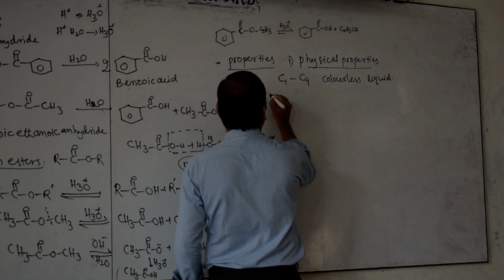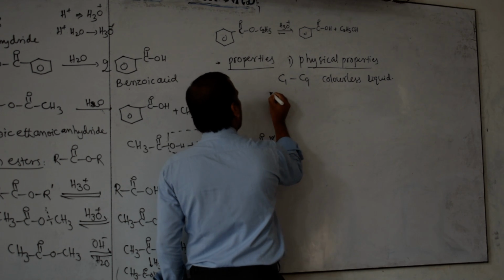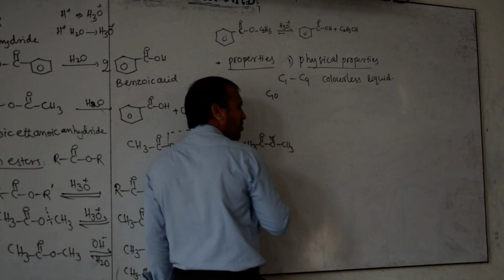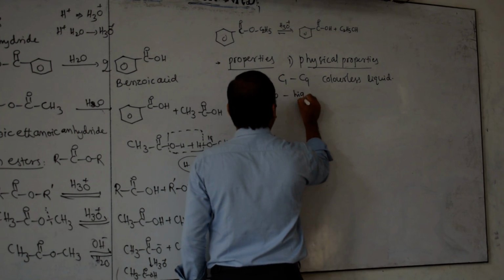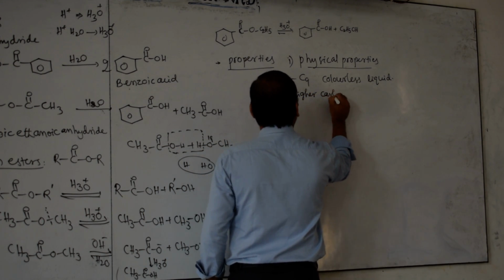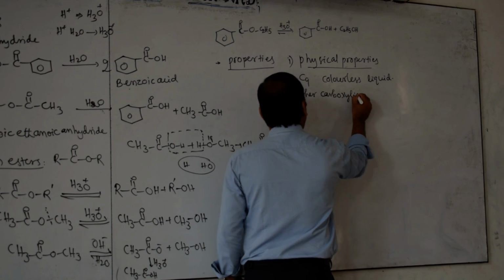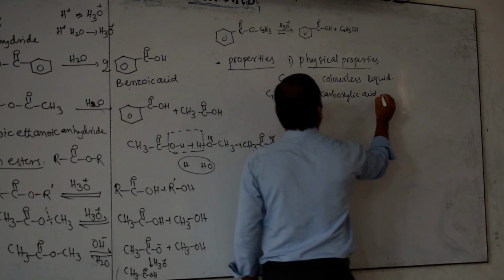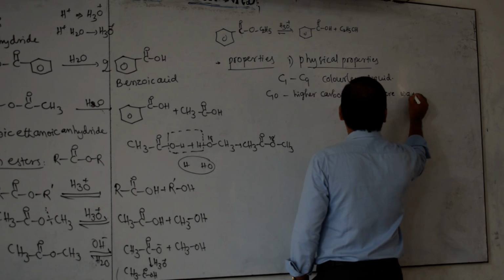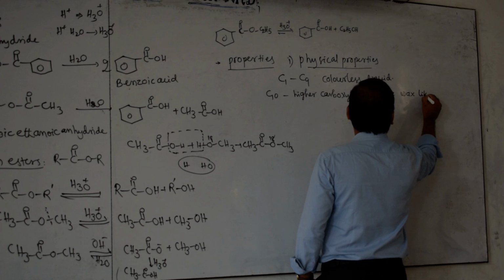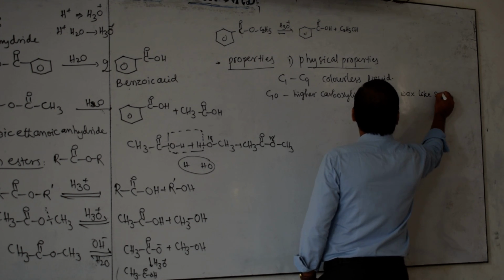After that, from C10 onwards, C10 to higher carboxylic acids are wax-like solids.